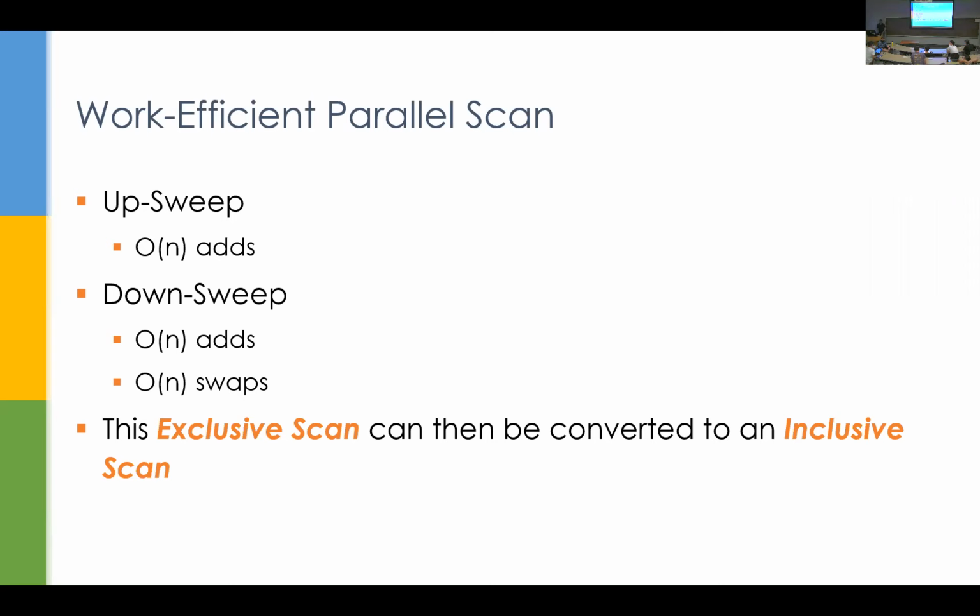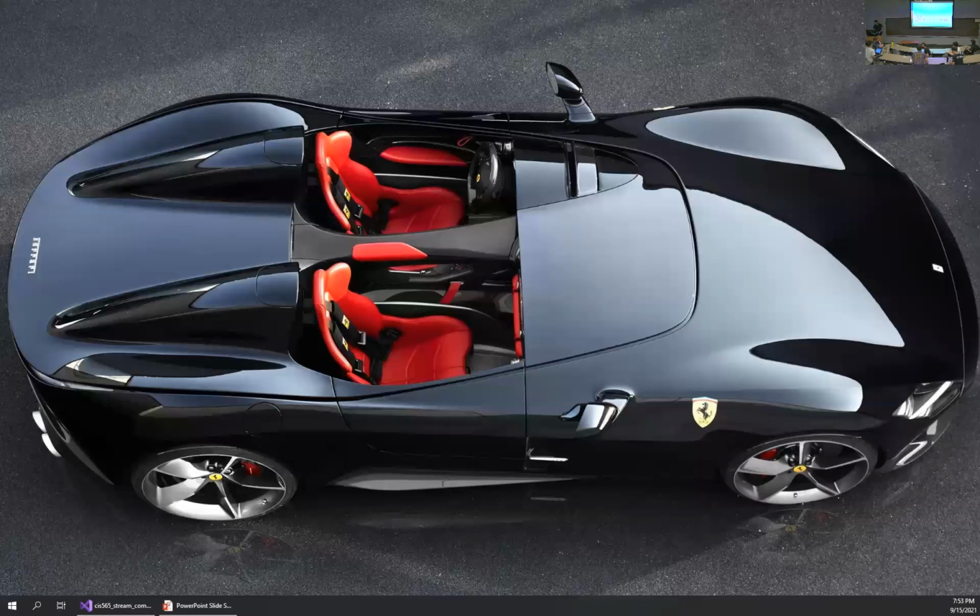You use fewer steps, the number of iterations you have to go through. Look at this. In work-efficient scan, the upsweep is O(n) adds, because that's just a reduction. And then in the downsweep you have O(n) adds and O(n) swaps, which in algorithmic complexity is just O(n).